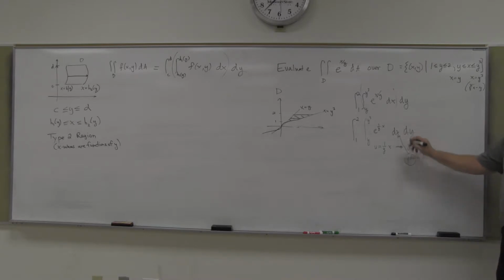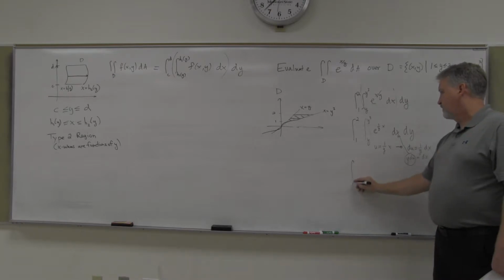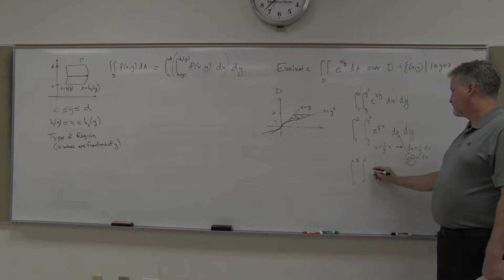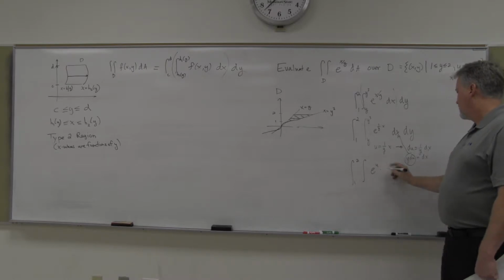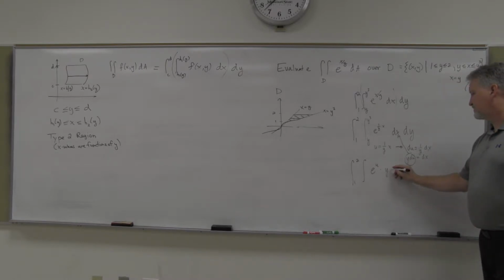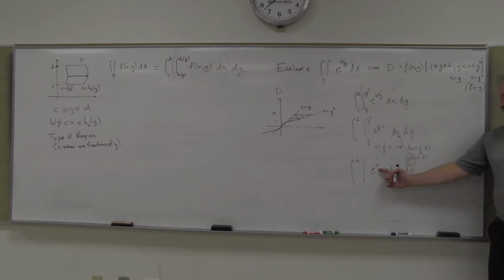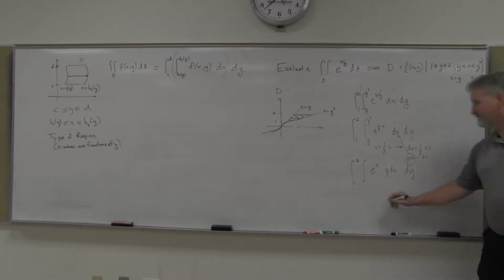What I replace that by, so is that okay? 1 to 2, then I'll do that integral. Now I just got e to the u, and then my dx is y times du. You see that fixed it for me, because now it's a number times e to the u, so it's just y e to the u, right?